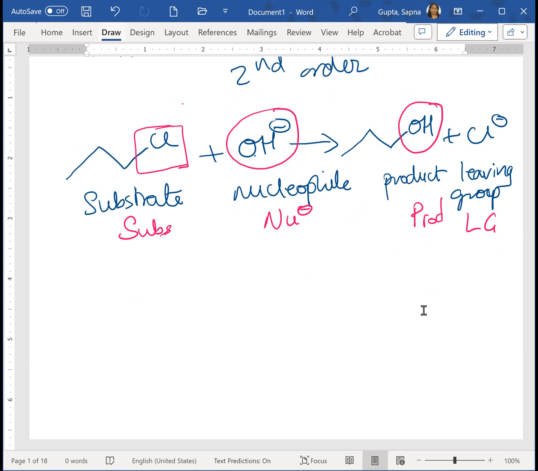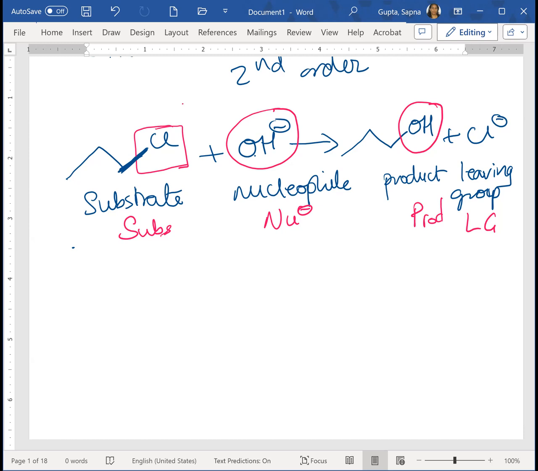Now let's talk about the reaction mechanism, because if you have this kind of reaction, you know this reaction works. You've gone to the lab, you've done this reaction, you get the product. So now what we have to do as chemists is to figure out how these reactions are working. What does it mean by how it's working? It means, is the Cl bond breaking first? So this bond right here between carbon and chlorine, does that break first?